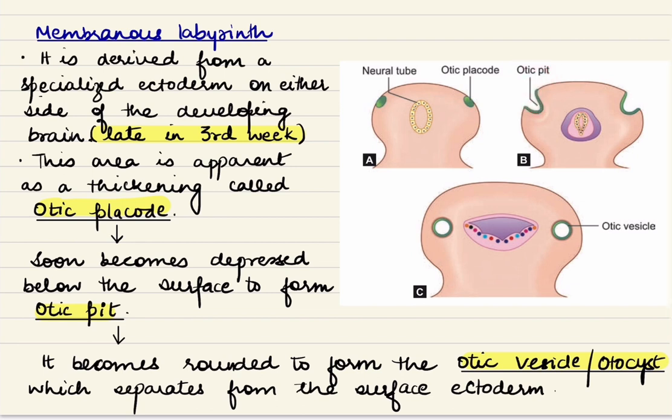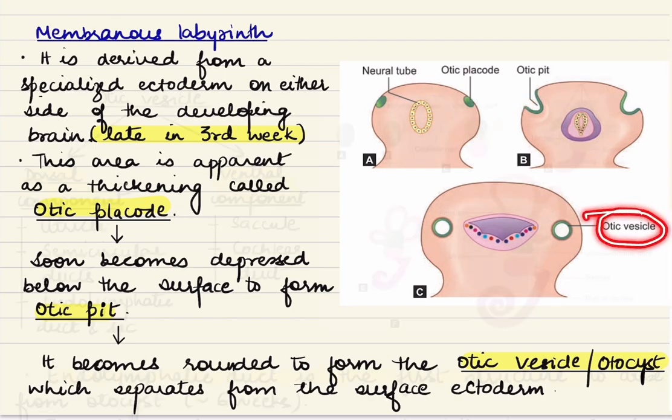Subsequently, this otic pit becomes rounded and forms the otic vesicle, and it becomes completely free from the surface ectoderm. So first, what develops is the otic placode, which progresses to form the otic pit, which becomes rounded to form the otic vesicle.